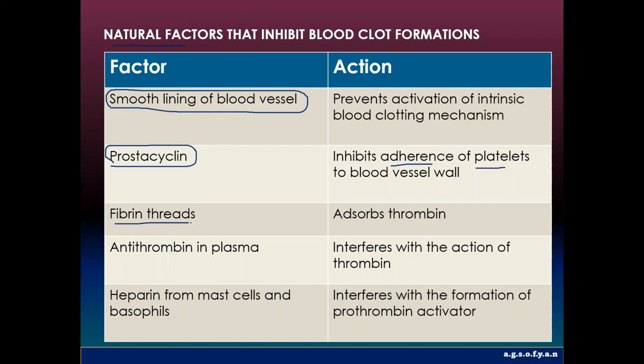Fibrin threads will absorb the thrombin, so the thrombin will not be active. And then there is also antithrombin. It will interfere with or inactivate the thrombin, so the thrombin will not cause blood clotting. And finally, heparin. This is an anticoagulant produced by mast cells and basophils that will also prevent thrombin formation.